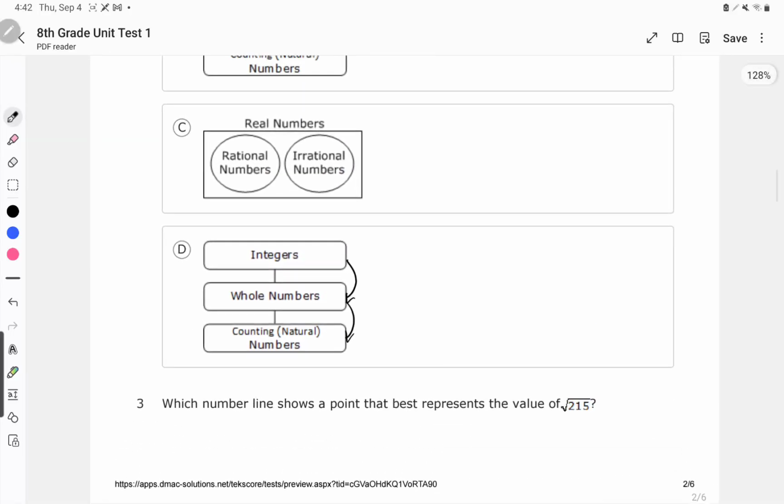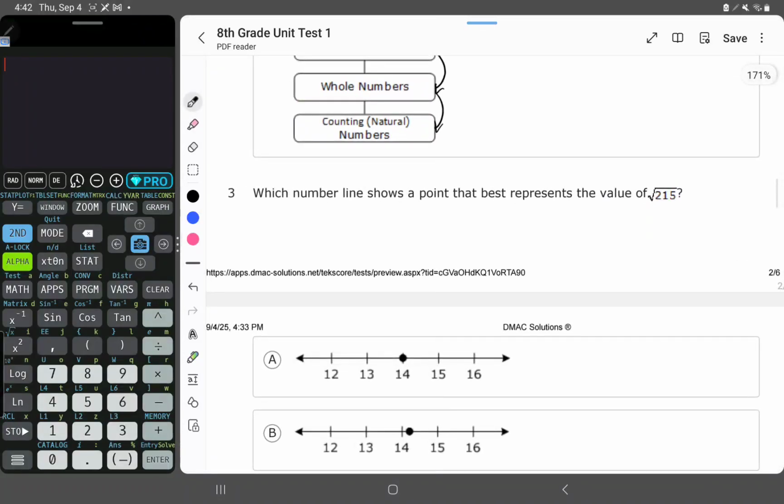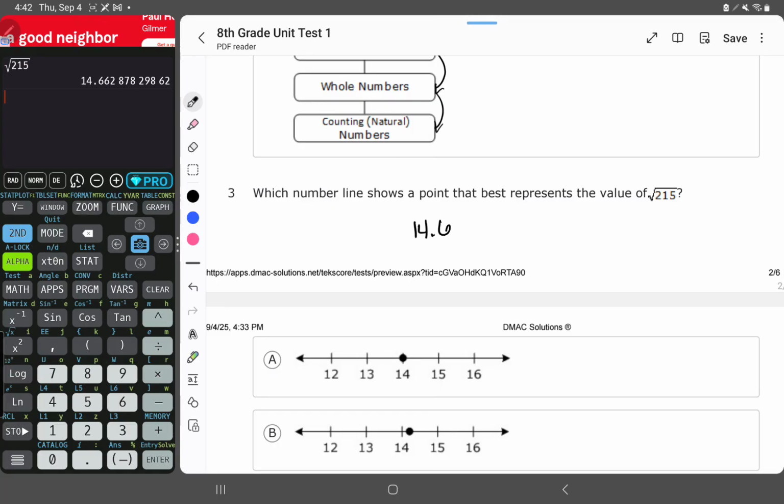This one says, which number line shows a point that best represents the value of the square root of 250? So we're going to put into our calculator the square root of 215. And that gives us 14.662. That means it comes after 14.5 and before 15.